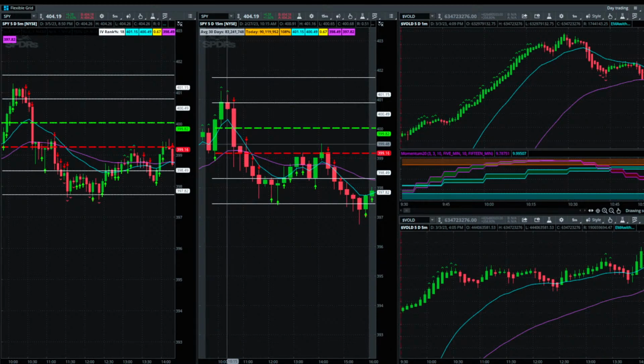What these other white lines here are actually ATR levels, which are average true range levels. There's a calculation that the computers do for you, and these are referred to as take profits. So you have your first take profit and then your second take profit.